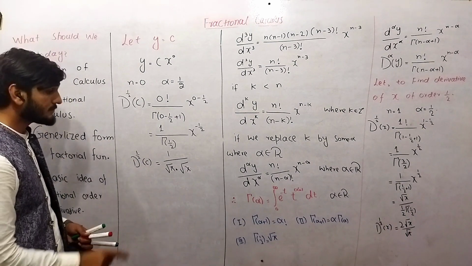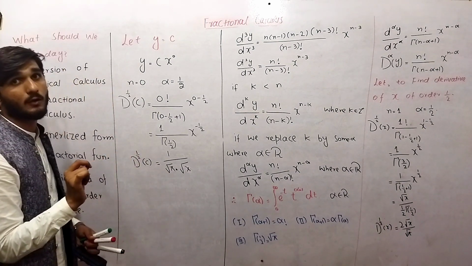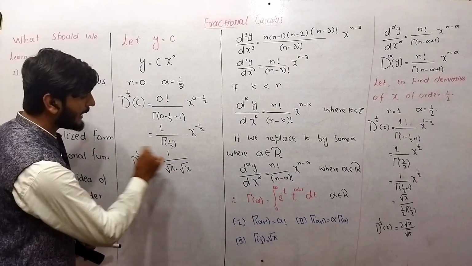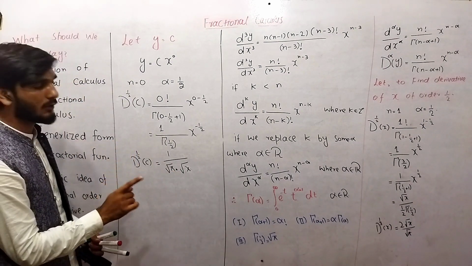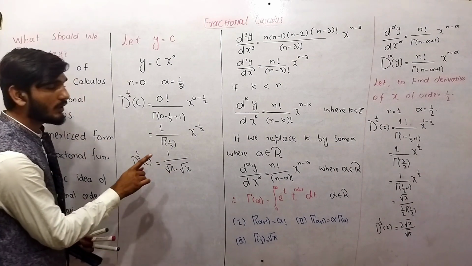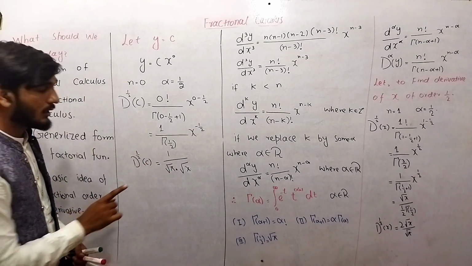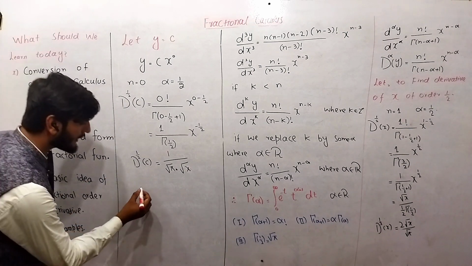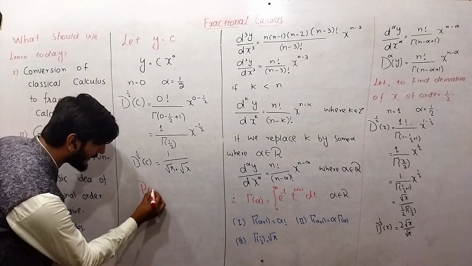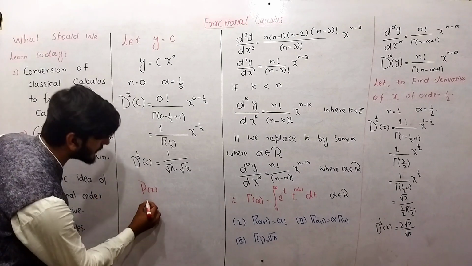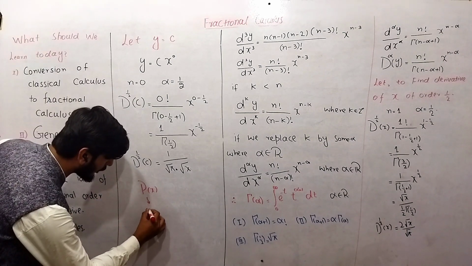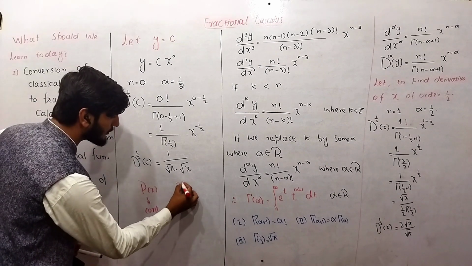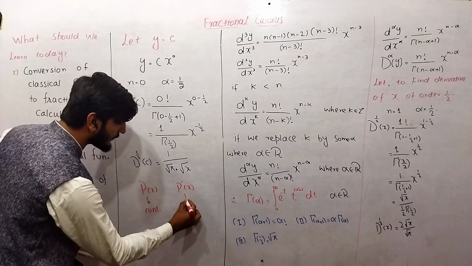That is also a flaw, because if we check this result at x equal to 0, it is not continuous. The derivative of a continuous polynomial p of x should also be a continuous function.